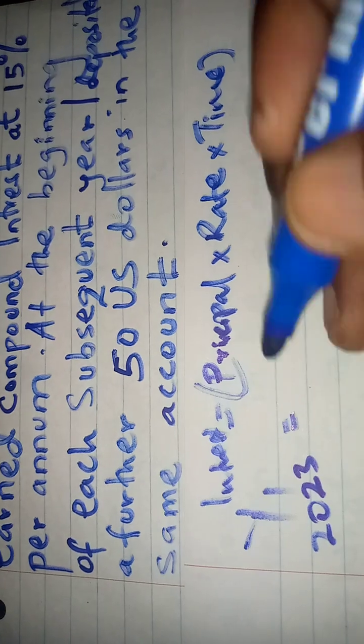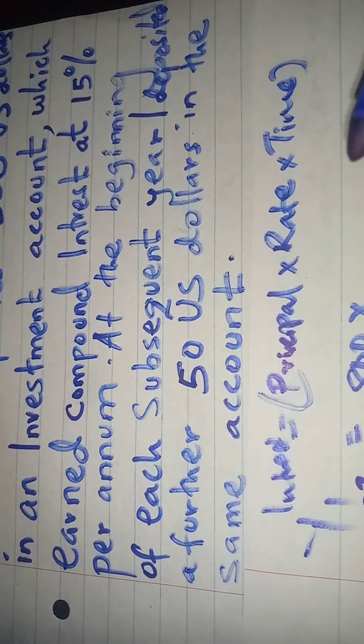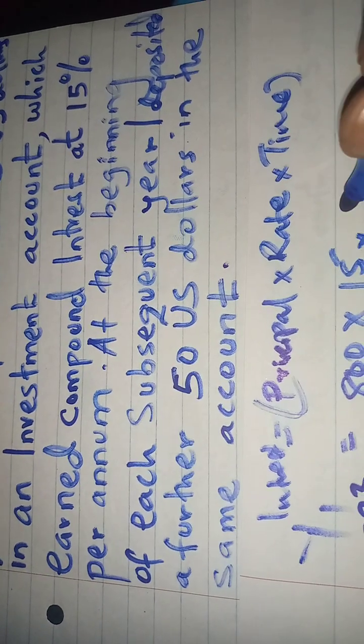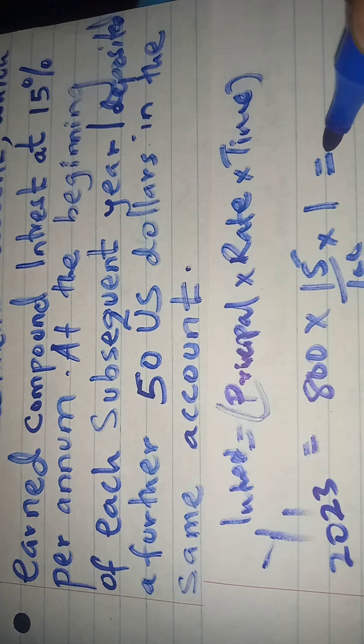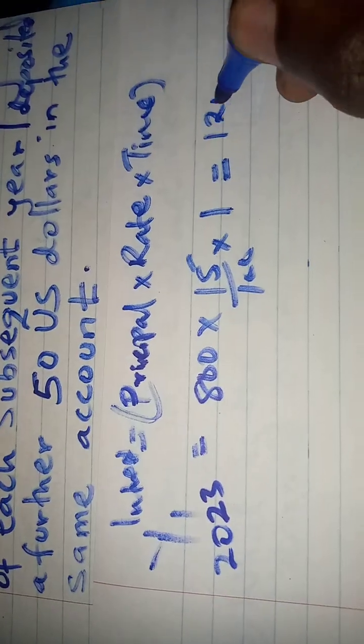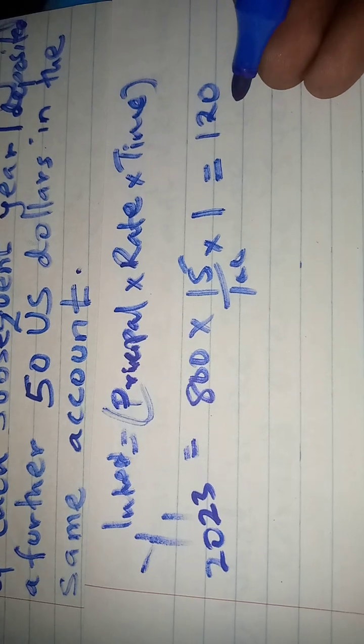So in year 1, I deposited $800, so it is 800 multiplied by the rate, I'm being told it is 15%, times year 1. When you compute that, I'm going to get an interest of $120.